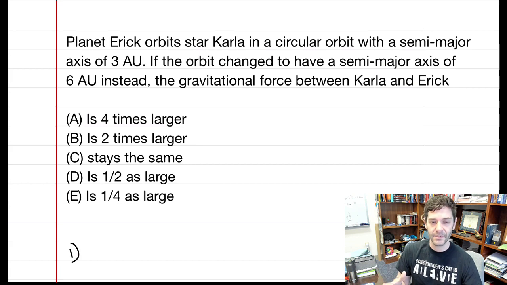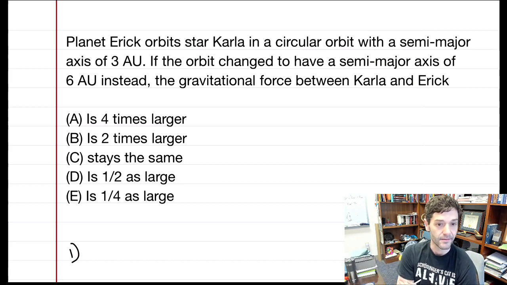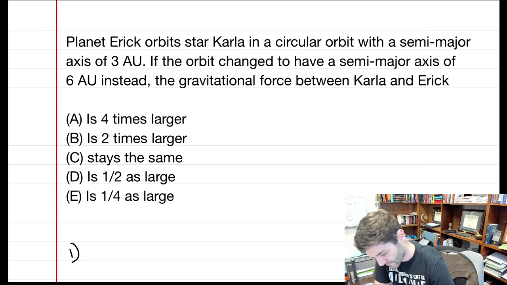So ideally, I want some equation that says gravitational force equals blah. What goes on the right-hand side will have variables as well, and some of those variables might be changing, like in this case, the distance changes. Some of those variables might not change at all. For example, the masses of planet Eric and star Carla don't change.